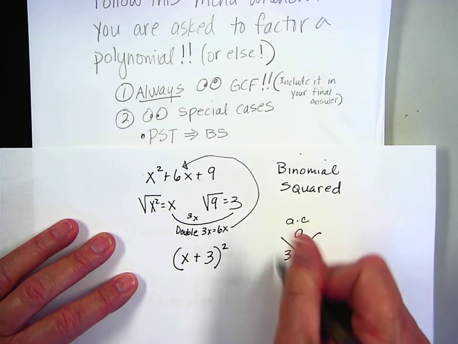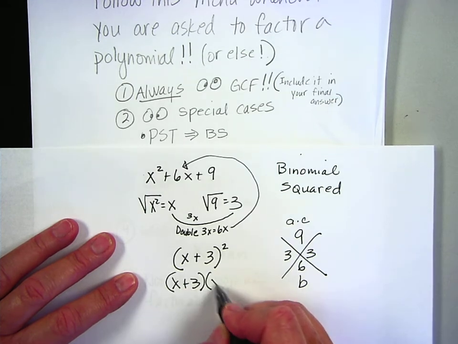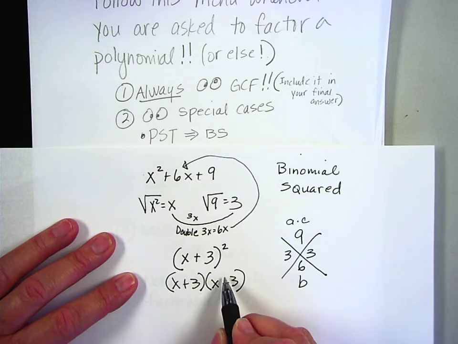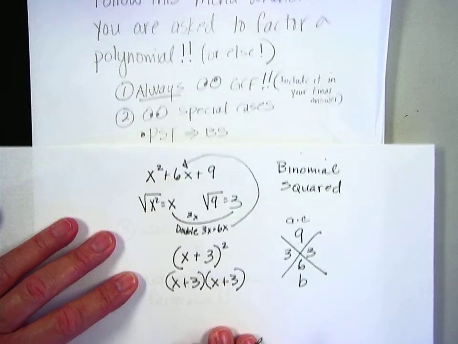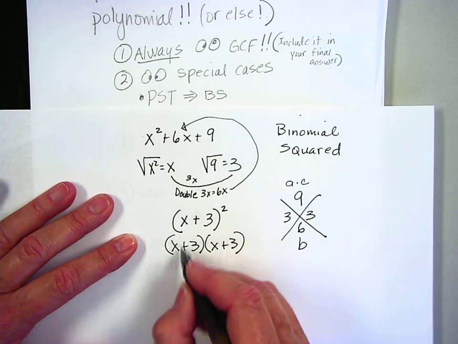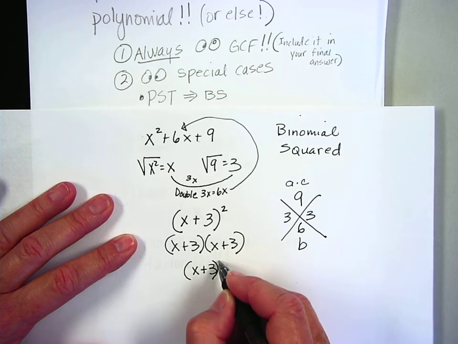So I would write this as x plus 3 times x plus 3. But that is x plus 3 times itself 2 times. So I want you to write your final factorization for something like this as x plus 3 quantity squared.